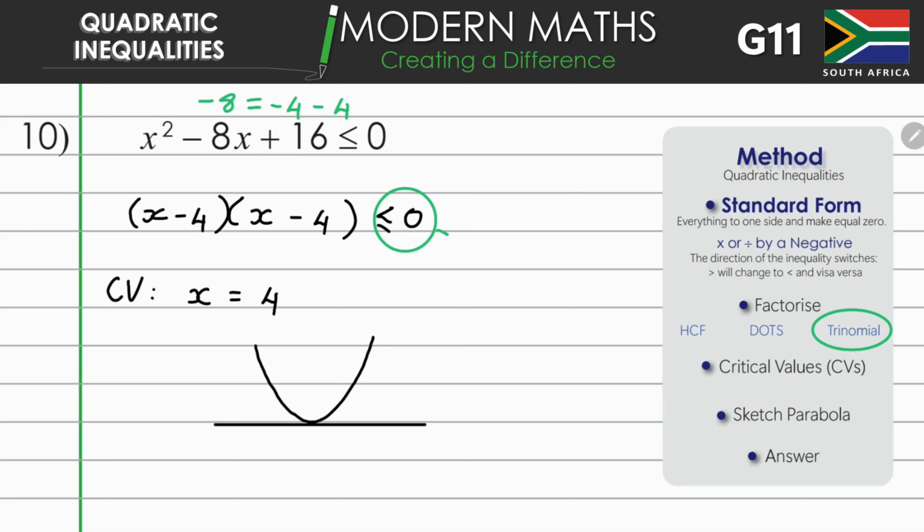My turning point is at 4. And I want to know where this parabola is less than or equal to 0. There's literally only one place where that happens. It's at 4. That's the only place that equals 0. Everywhere else, it's above 0. So your only answer here is x equals 4.